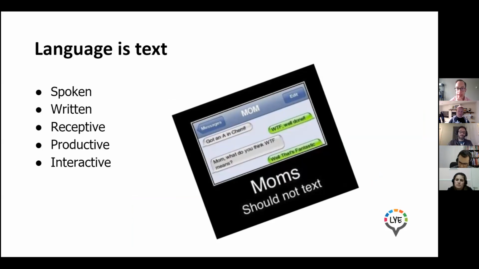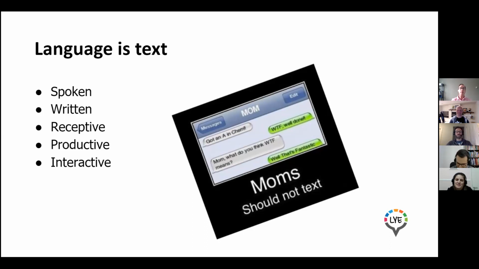Yeah, and I think that's a nice lead-in to where authentic language comes from. Well, these texts often come from spoken text, written text, the receptive and productive, and of course the interactive. And I really like this picture here. But I think not only is it language in isolation, but it's language decontextualized, Leo.